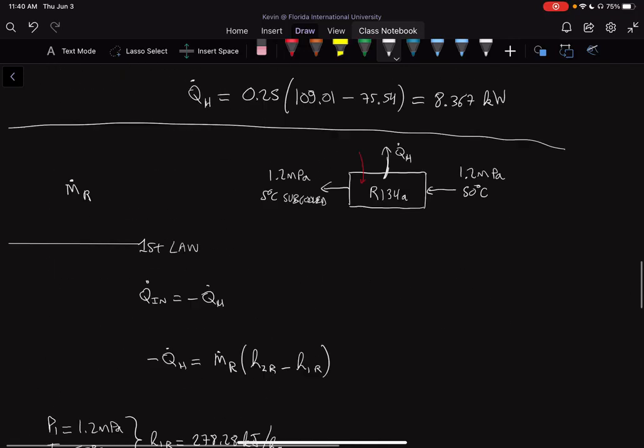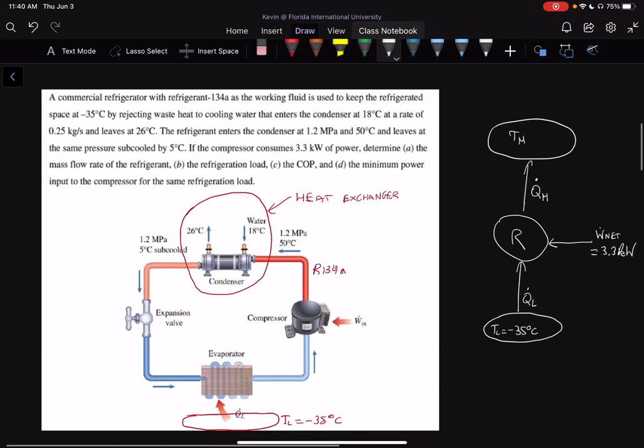So in the question, we're told, find the minimum power input to the compressor for the same refrigeration load. So we have the same refrigeration load. So this is our Q dot L. And we're told what is the minimum power input to the compressor that we would need. Okay, so how do we solve for this problem?